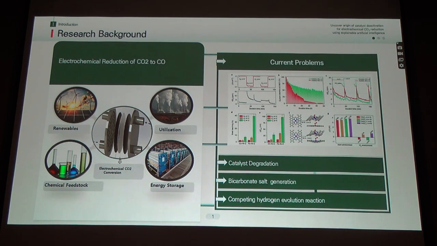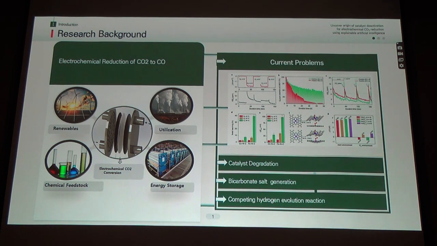Especially the electrochemical reduction of CO2 to CO. The electrochemical cell can be driven by electricity from renewable energy, and as far as I know, from the electrochemical CO2 reduction, 16 components can be obtained. So we can use it as a chemical feedstock, and we can use this chemical feedstock as energy storage.